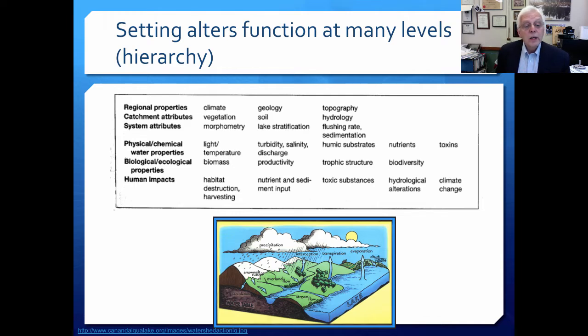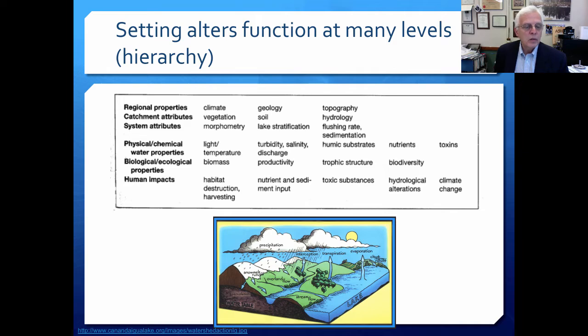Then moving down even farther, there are two kinds of biological properties that have a large influence on ecosystem function in the aquatic world, and that would be some biological and ecological properties such as the biomass, the productivity, the trophic structure, that is who eats whom, as well as the biodiversity, have effects on how the system functions.